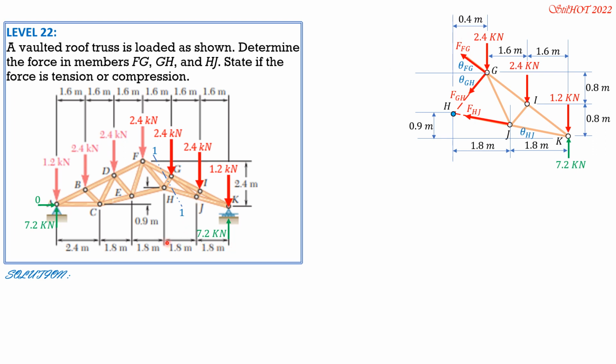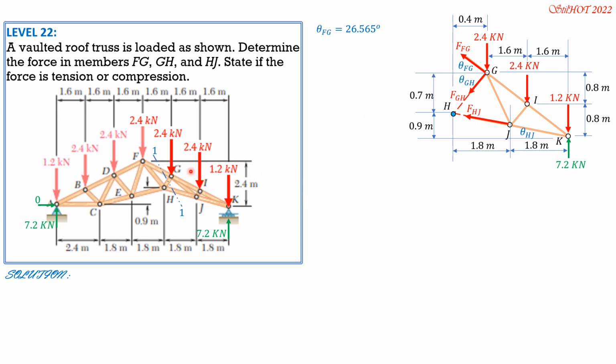The vertical distance between G and H is 0.8 times 2, 1.6, minus 0.9, so 0.7. Then theta FG is 26.565 degrees.